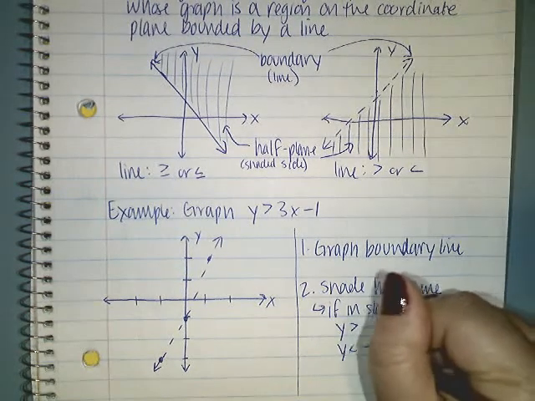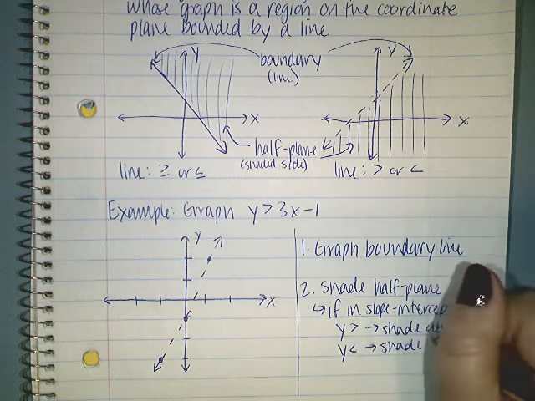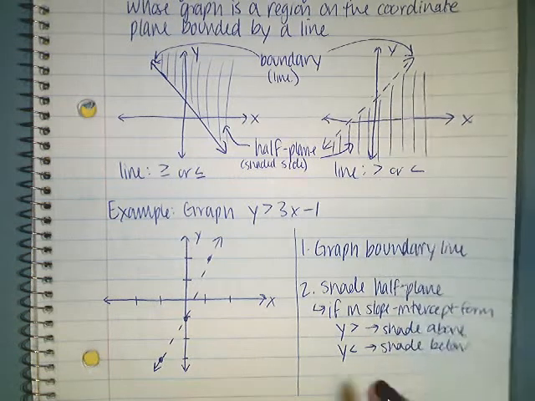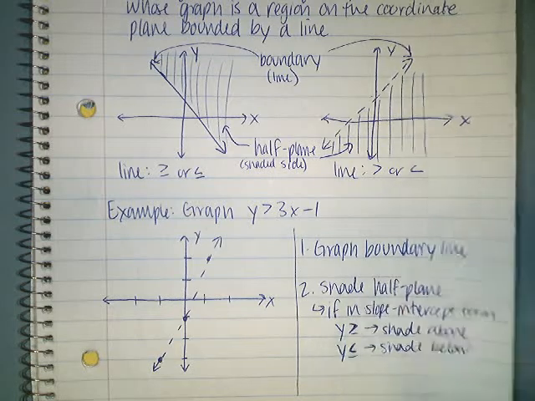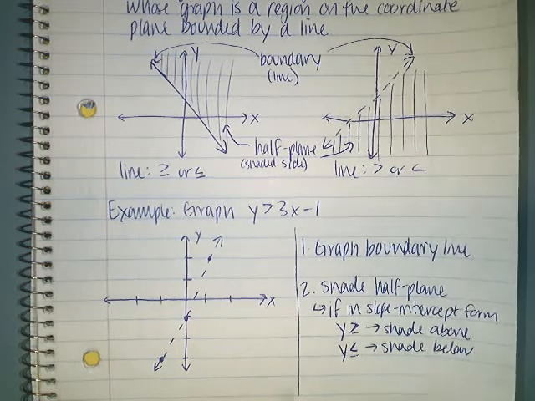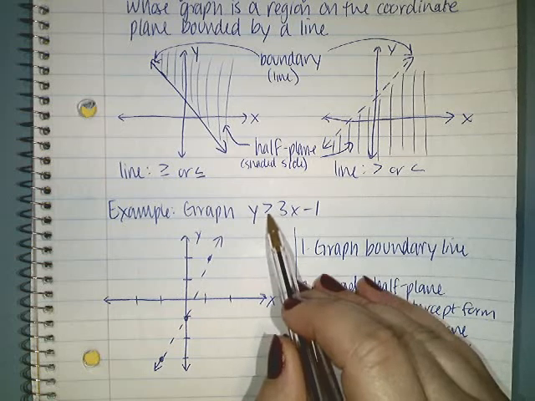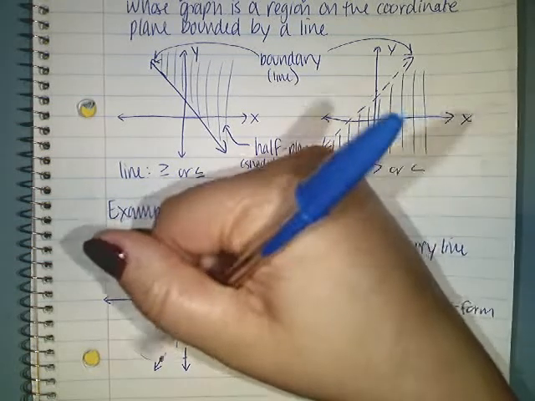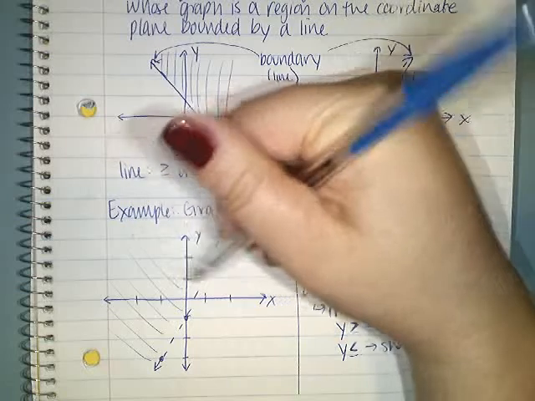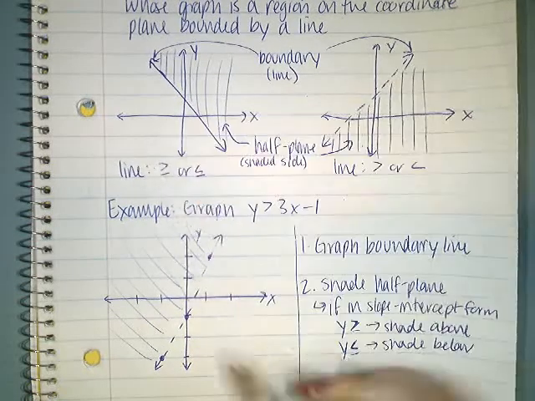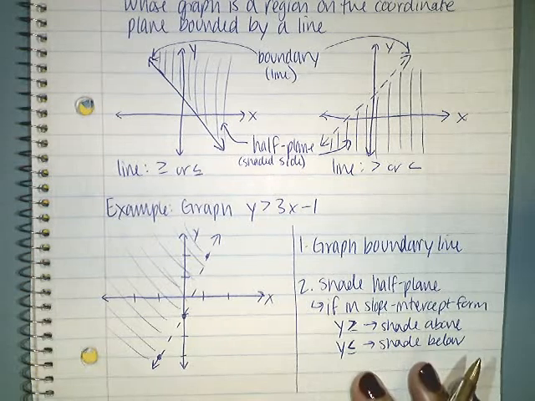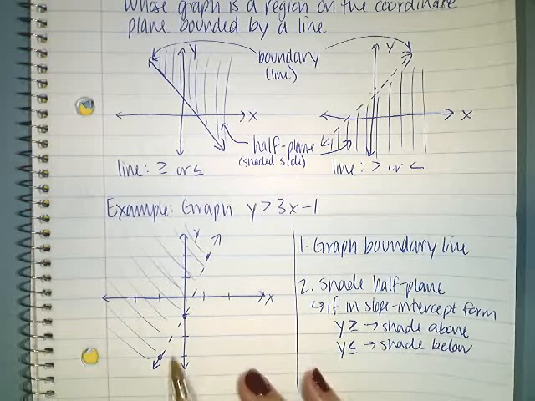If y is less than, you shade below. This goes for greater than or equal to, less than or equal to as well. So you could have the equals to lines, it doesn't matter. So in this case, since y is greater than, I would shade above, which means I'm shading up. So my solution set would include anything above this line here. So I'm shading lightly that way. So that would be my solution.